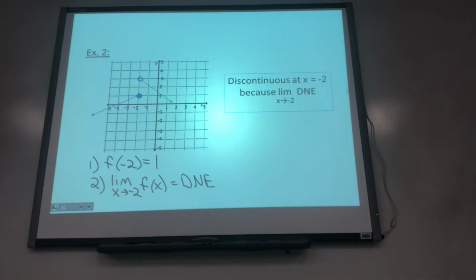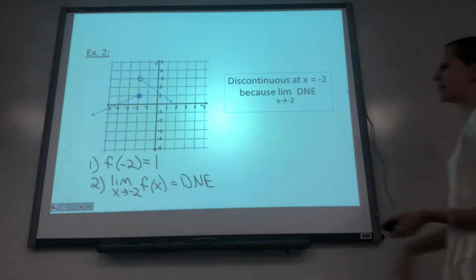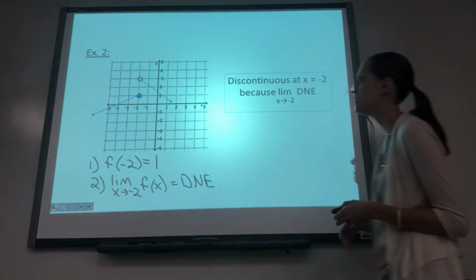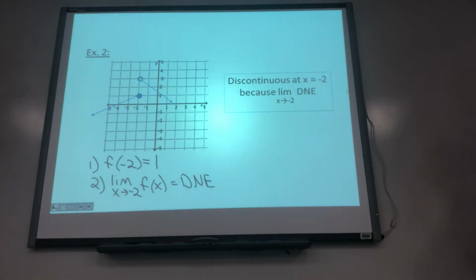You've got to say specifically which one of those conditions did not work. If condition 1 fails, then you can't even do condition 3. And same here, if condition 2 fails, you can't even find the limit, then you can't go on to condition 3 because it doesn't even exist.